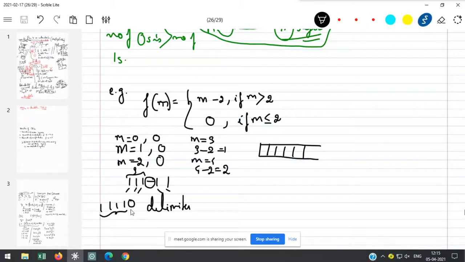So now for this particular example, let me take an input of 1, 2, 3 and then a delimiter 0. If the m value is greater than 2, then the result will be this. Hash is being used to represent a blank symbol. Now, how are we going to perform the subtraction for this?